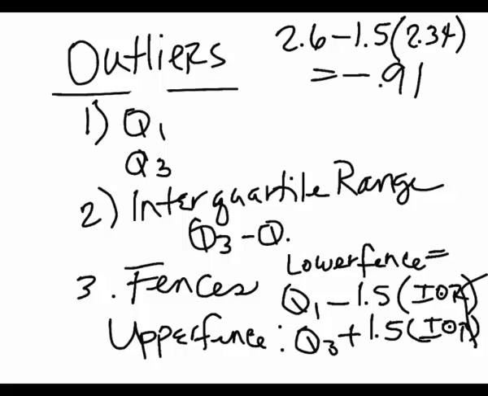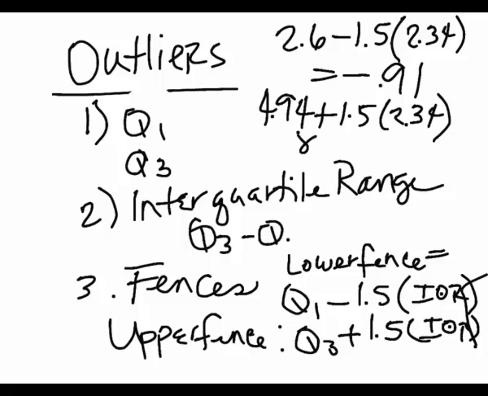To get my upper fence, I'm going to take Q3, which was 4.94, and add 1.5 times 2.34. And you get 8.45. So I have negative 0.91 as my lower fence, and 8.45 is my upper fence.